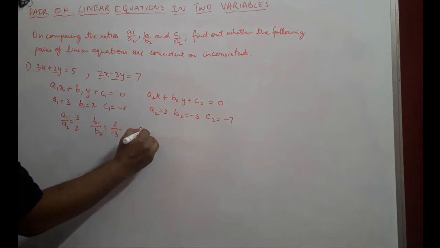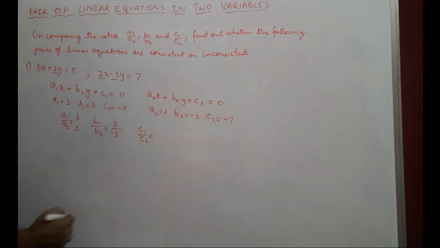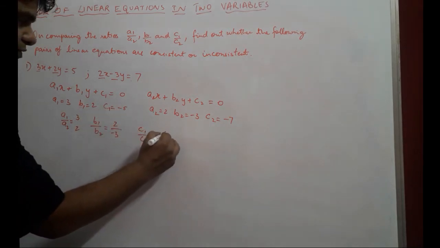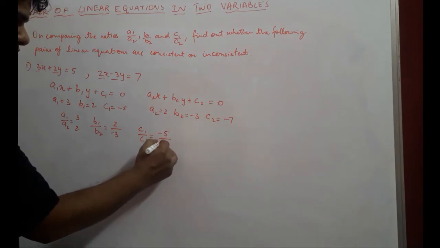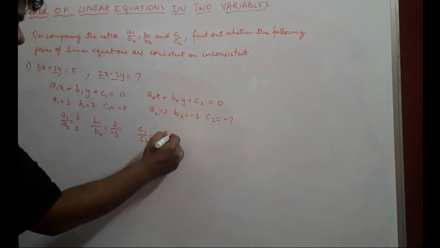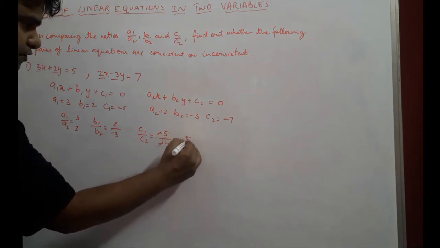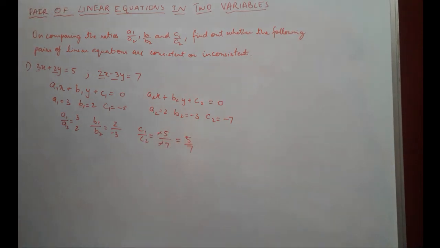And c1 upon c2, c1 is minus 5 and c2 is minus 7. So minus and minus cancels out and we get this as equal to 5 upon 7.